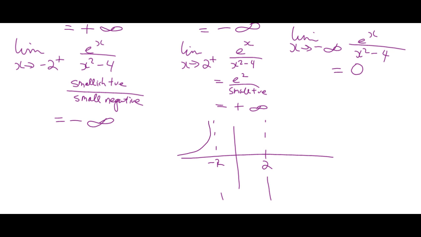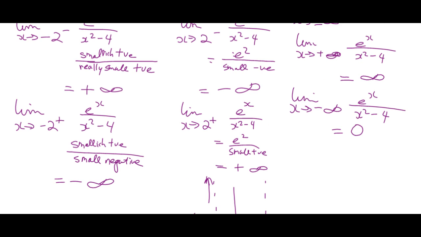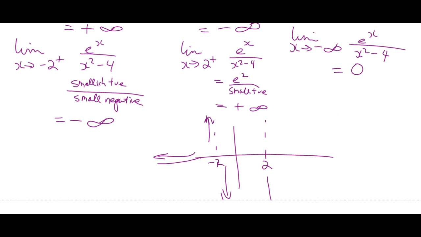As we go to negative infinity, we really shouldn't sketch the whole thing in there. That behavior is there, and this behavior is going out here, and this is coming down here, and positive 2 from below is here.